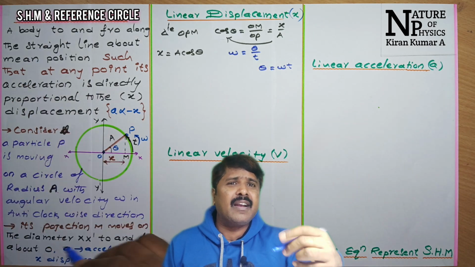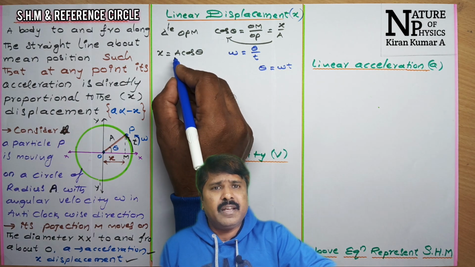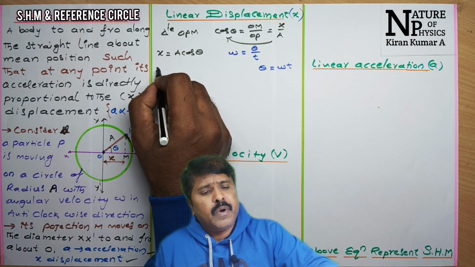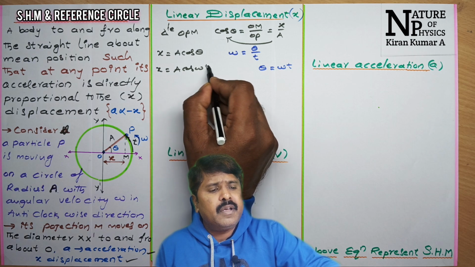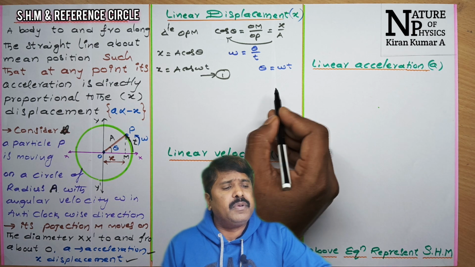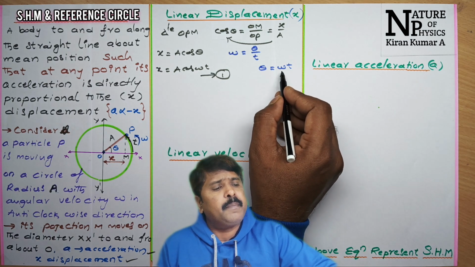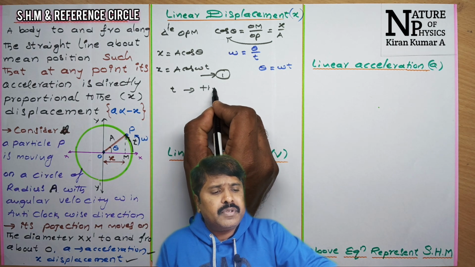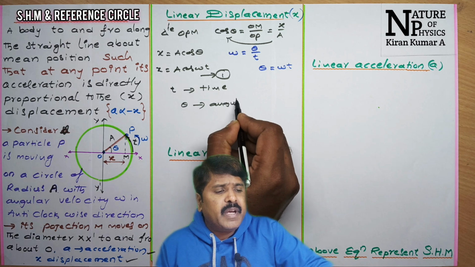Replacing the value of theta in the displacement equation, I get x is equal to A cos omega t, which is equation number 1. Here A represents amplitude, omega represents angular velocity, t represents time, and theta represents angular displacement.